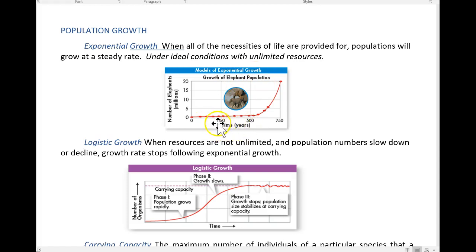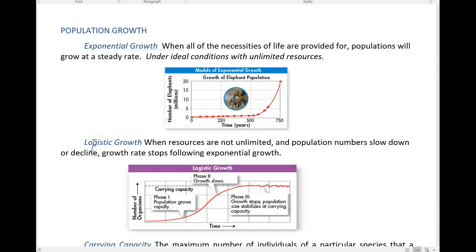So here we're seeing that, early on, we're seeing low amounts of elephants, but in 500 years, we're seeing a steady incline in the growth of this elephant model that they're following here. This is not true right now of elephants because they're being hunted to extinction for their ivory tusks, but this gives you just an idea of what it would look like.